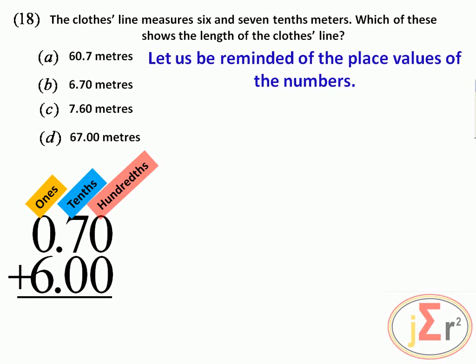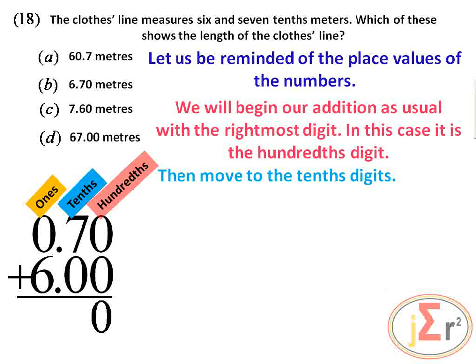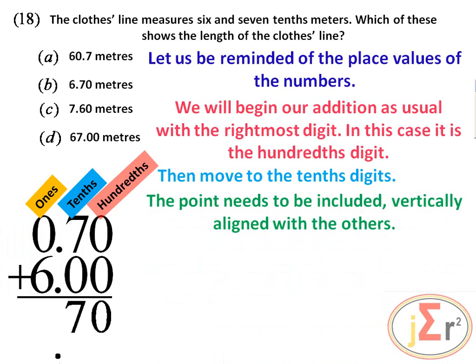Right. So we will begin our addition as usual with the rightmost digit. In this case, it is the hundredths digit. And very quickly, 0 plus 0 is 0. Jerry likes that. And then moves to 7. 7 plus 0 is? 7, and not 0 as some said. And then we will cause the points to be vertically aligned.